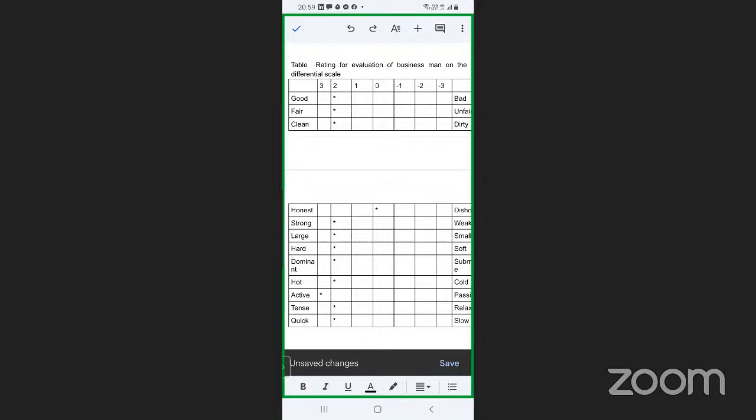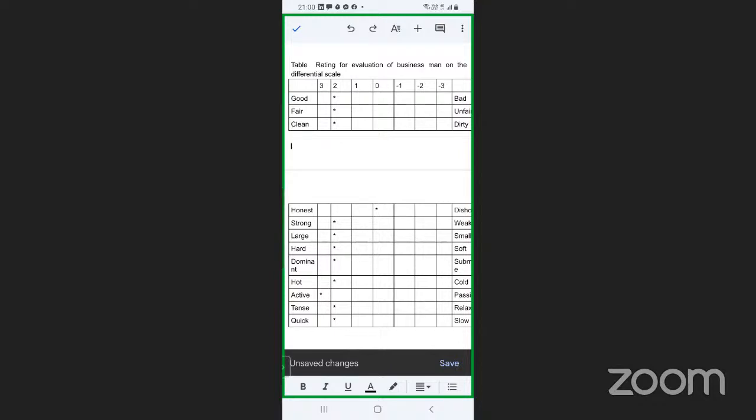And on the right side, you will find the levels -1, -2, -3. So if you think that a businessman is very good, then what will be your score? 3. If you think the businessman is not good, and again not bad also, so what will you do?